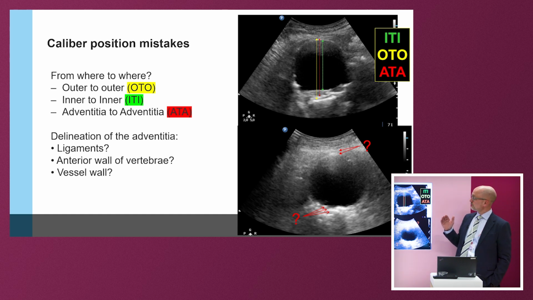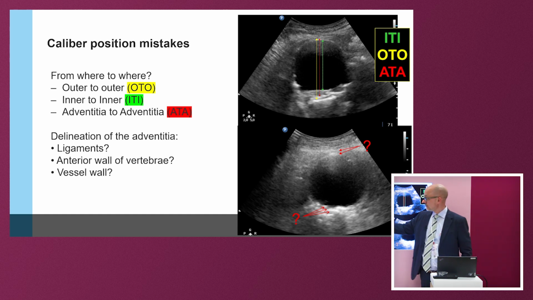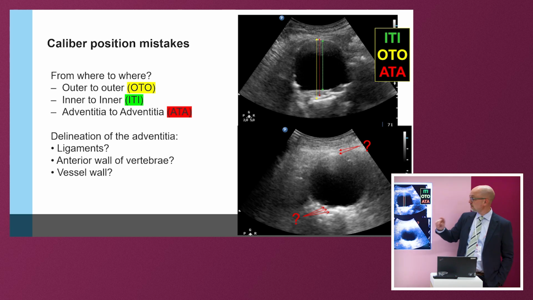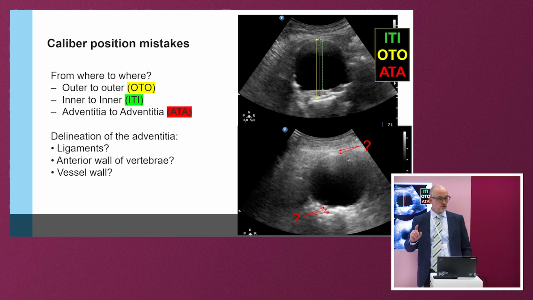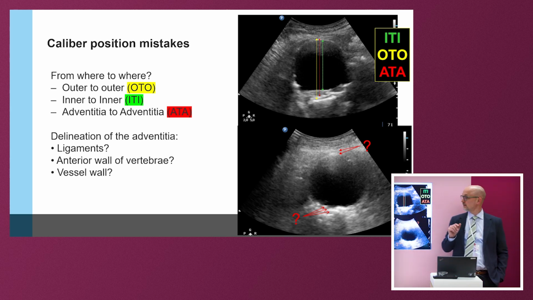But I would warn about this British tradition, inner to inner, because then if the calcified thrombus in the aneurysm is growing, then the aneurysm is getting smaller. It doesn't make sense. I think in the new guidelines for vascular surgeons, they suggest outer to outer. I don't agree. We rely on the inner to inner.